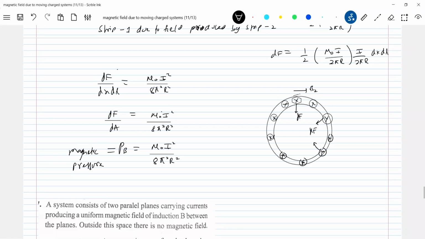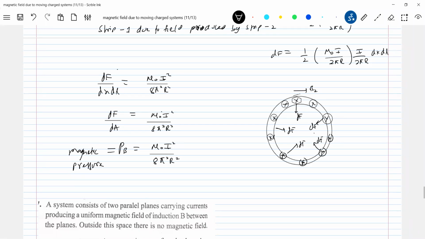So what will happen to this pipe now? It will try to contract. We'll experience a contraction. So the questions are asked for you rather than magnetic pressure. If I say magnetic pressure, people will write this answer. So if a current I flows through a pipe, like a copper pipe, the pipe will contract.